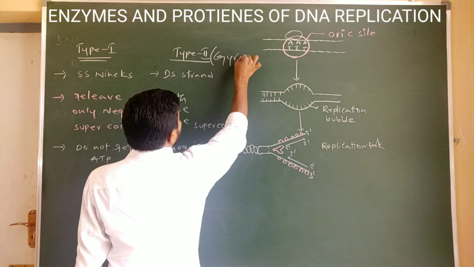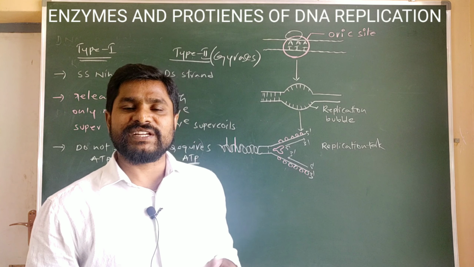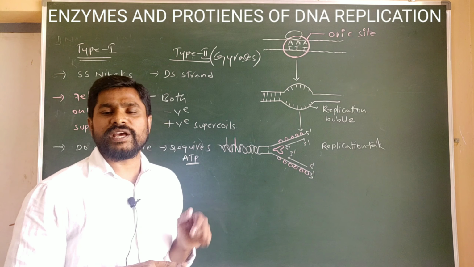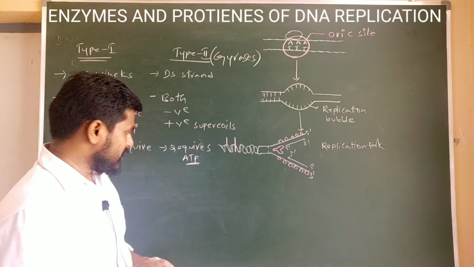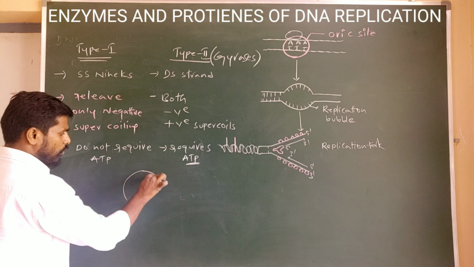gyrases. These type 2 topoisomerases also are involved in the removal of interlocks formed after the completion of replication in prokaryotic DNA. So this is a prokaryotic DNA which is a covalently closed circular DNA, you know very well, right? This is a covalently closed circular double stranded DNA molecule of prokaryotes. Whenever it undergoes replication, both the strands act as a template.